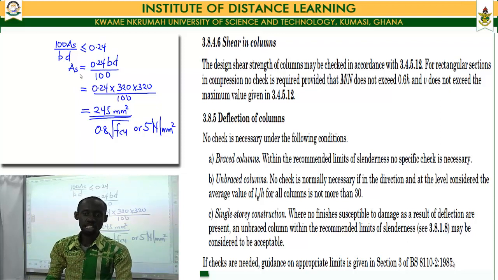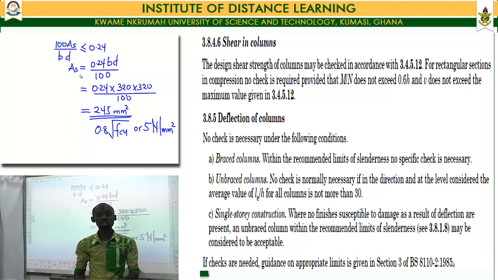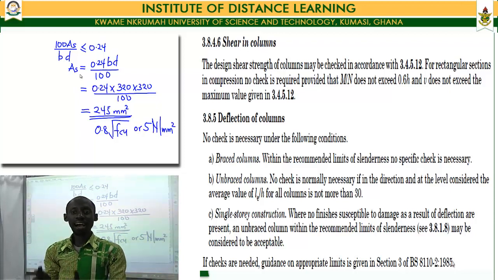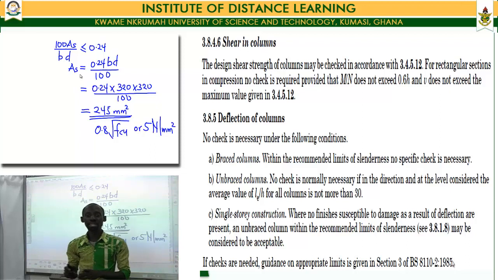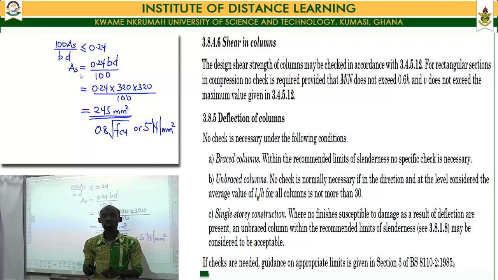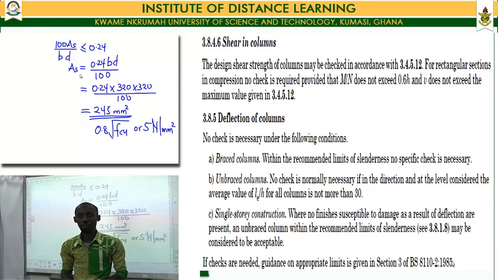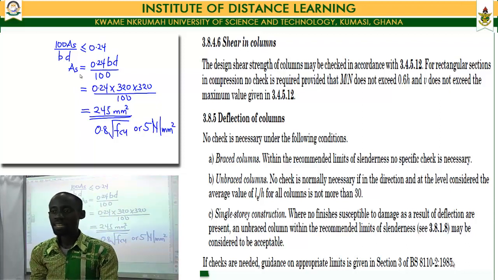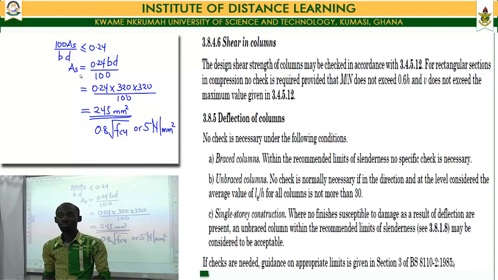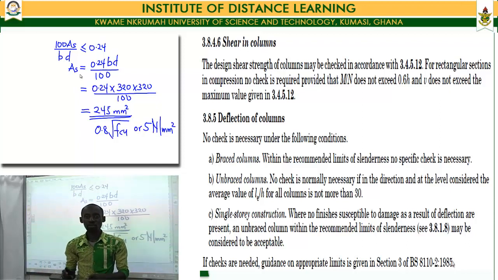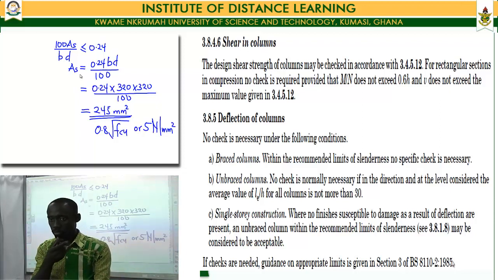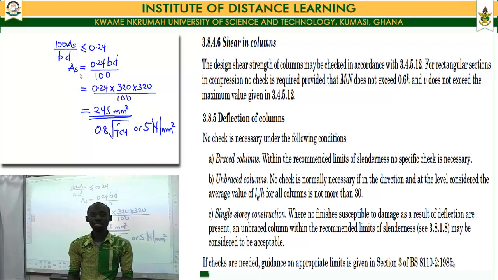So we move on to the next provision, and it says that for an unbraced column, no check is normally necessary if, in the direction and at the level considered, the average value of le over h for all the columns is not more than 30. That is, the average value of our effective length over the height of column for all the columns is not more than 30.